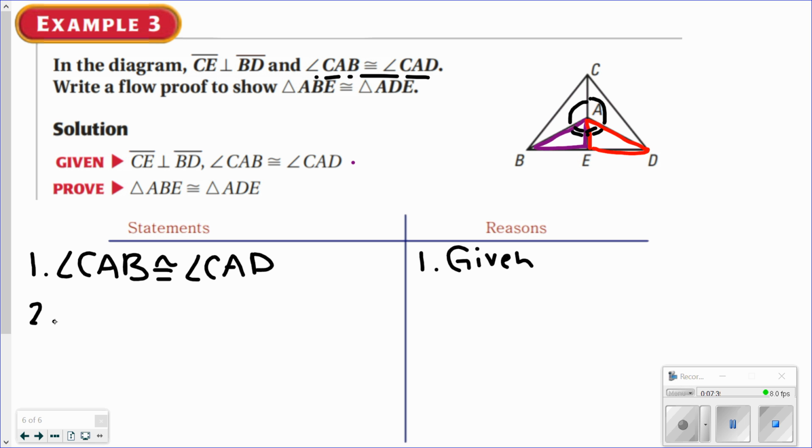We know that angle CAB, the first angle, and our second angle that I highlighted, angle BAE, are supplementary.